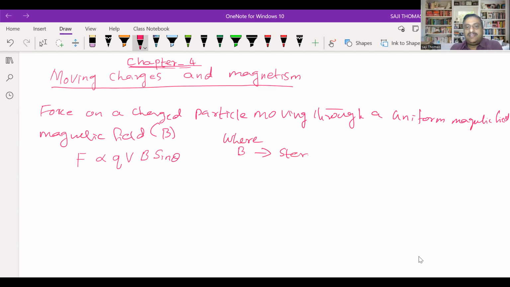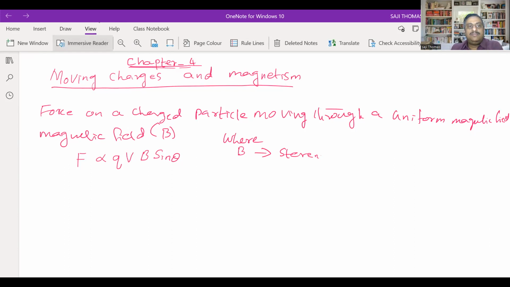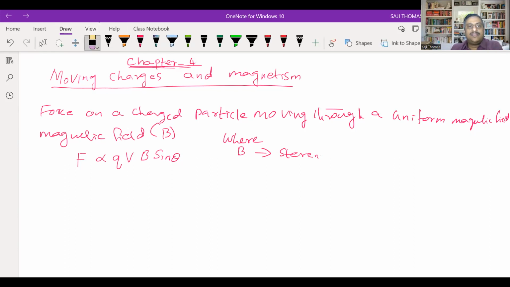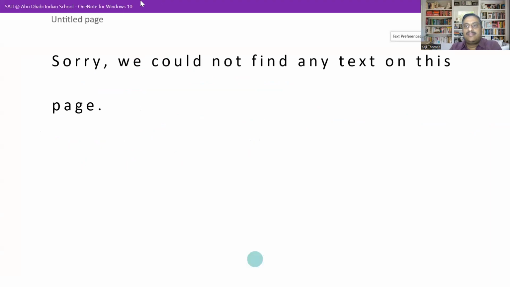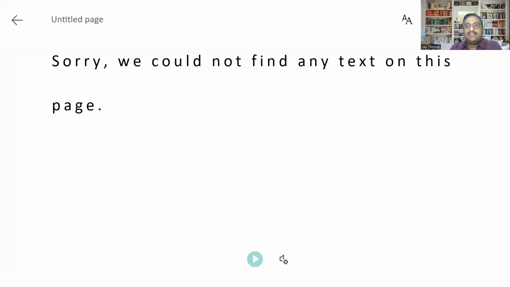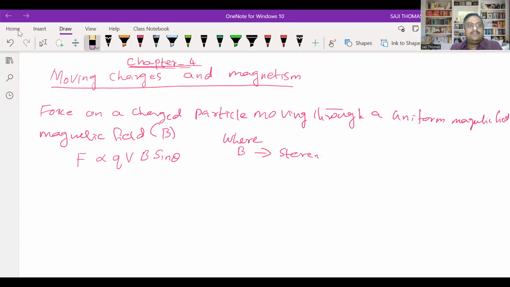B is the strength of the magnetic field.